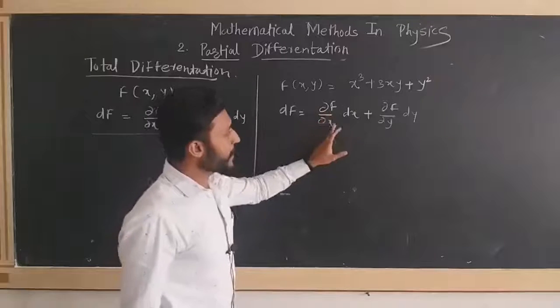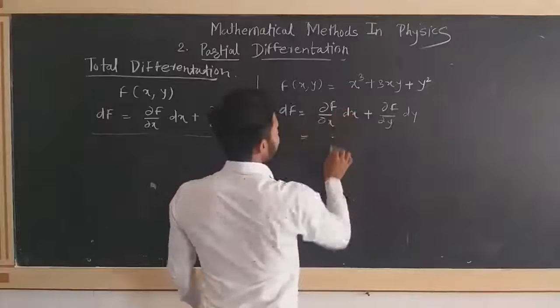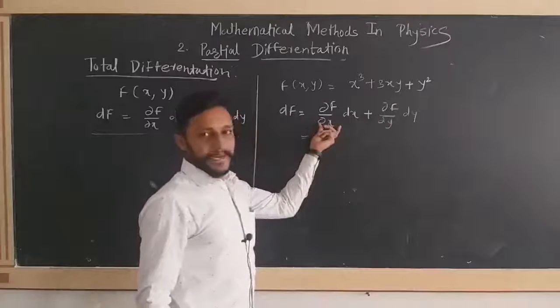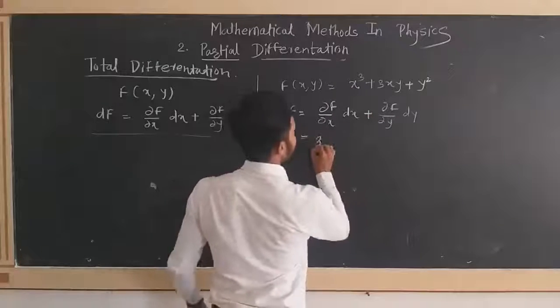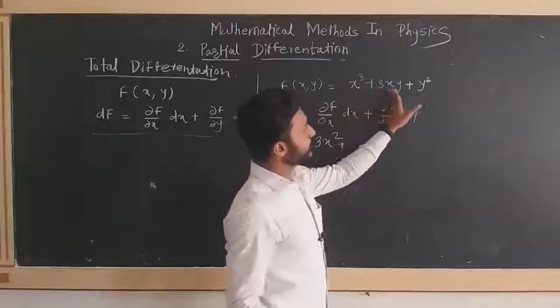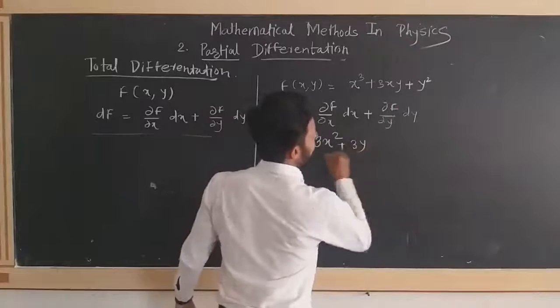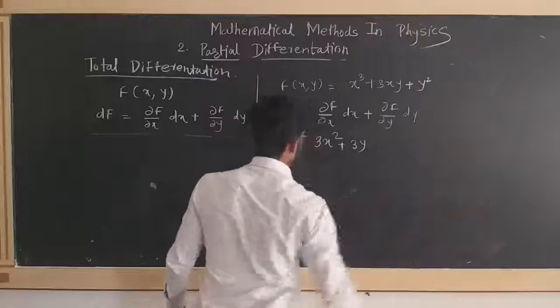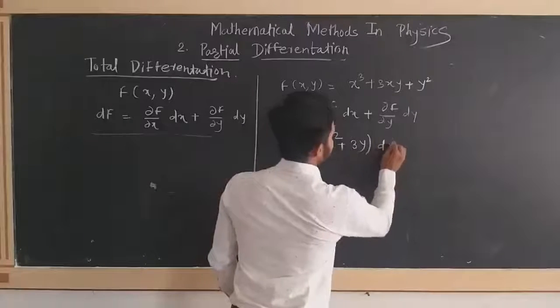Remember, this is ∂ and this is d. Okay, so differentiate: first obtain ∂f/∂x, differentiating this function with respect to x. So we'll have 3x² plus, differentiating total with respect to x, 3y, and this is the constant 0. Keep dx as it is.